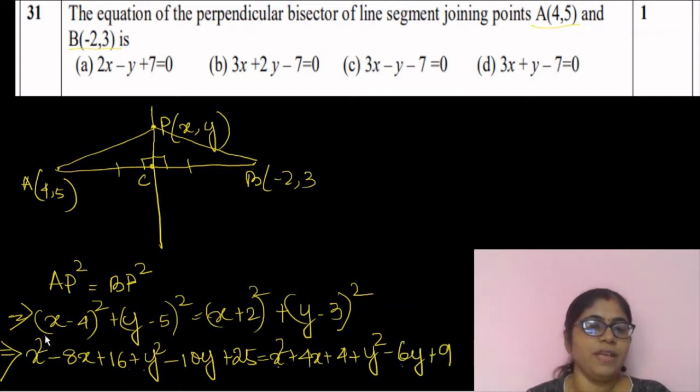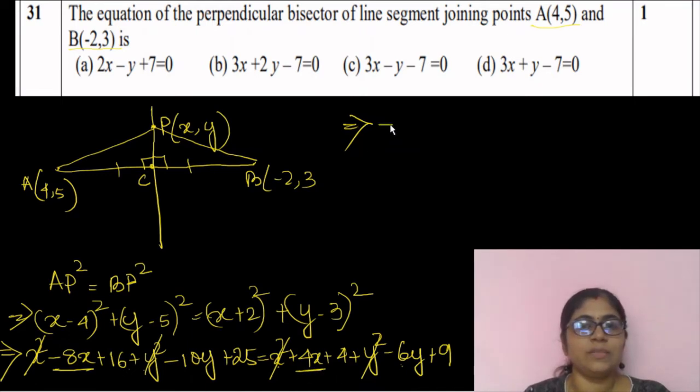So by solving, it will be cancelled. So this implies that minus 8x and 4x, so this is minus 12x, and minus 10y minus 6y. So this is minus 4y, minus 10y plus 6y.